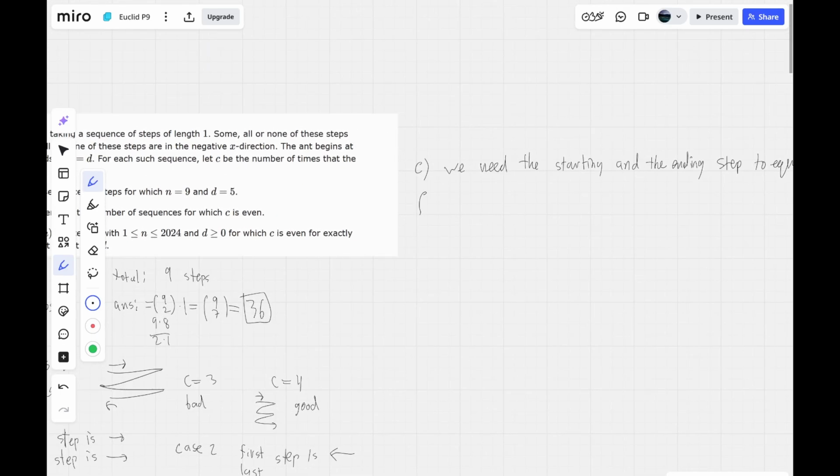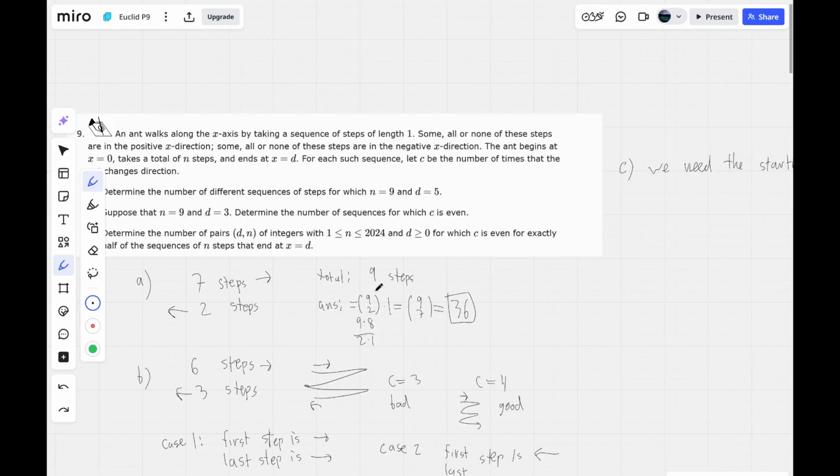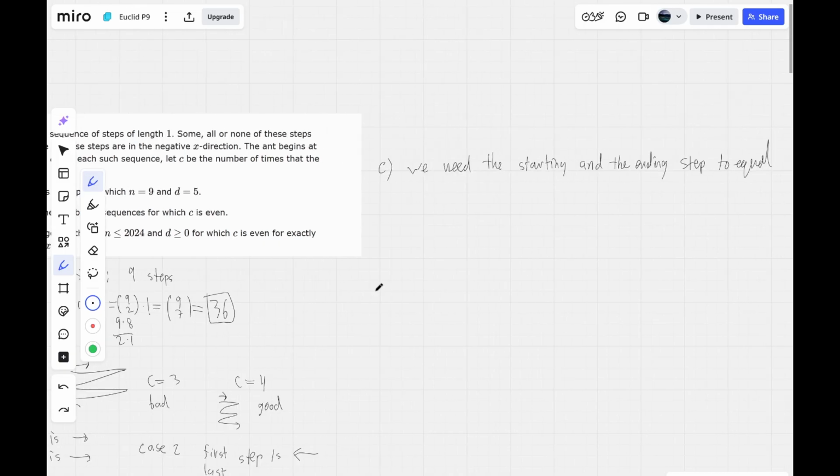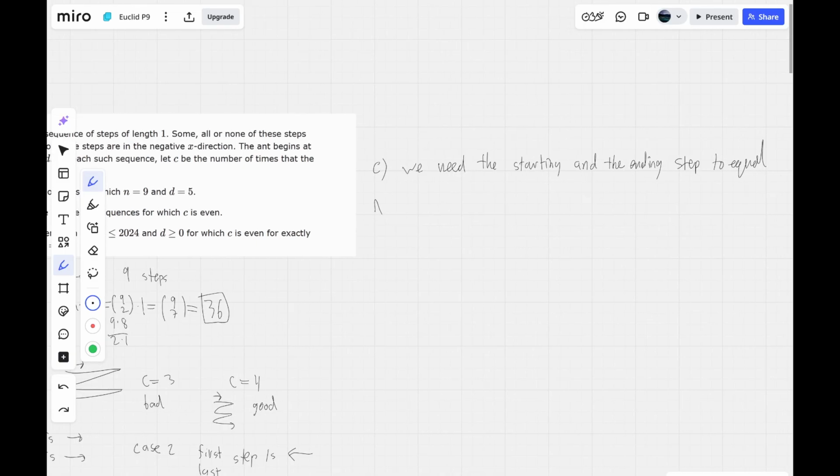So let's just assume there are a total of D steps, right? So let's just assume we are taking X steps to the right. Here, X is just an arbitrary variable, and it can be anything.